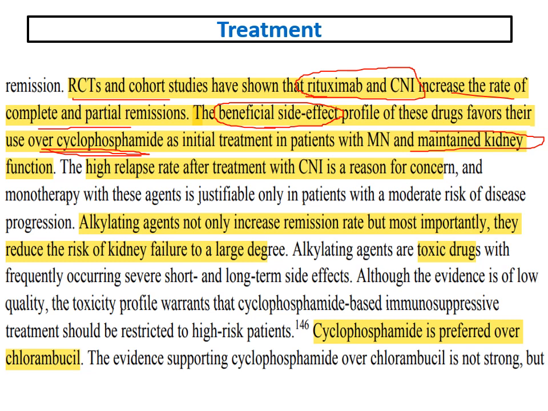This is the rule, the determining factor. If a patient has maintained kidney function, the better options are rituximab and CNI. But if the patient has a higher risk for kidney failure, if there is kidney damage or kidney deterioration, then cyclophosphamide will be the better option.